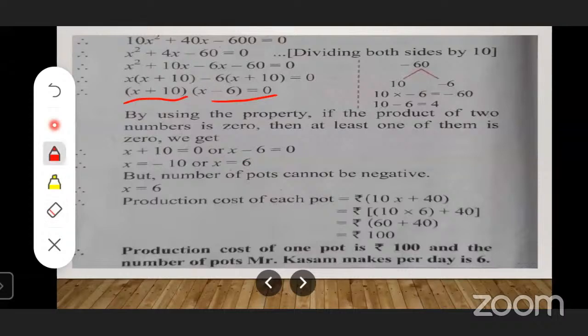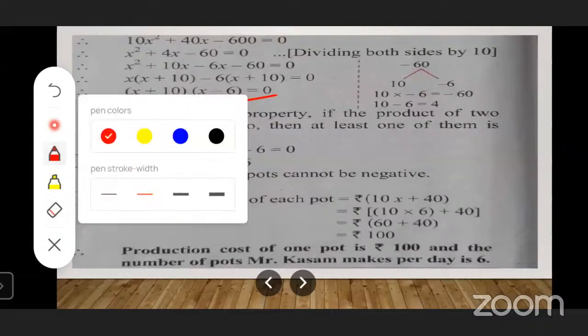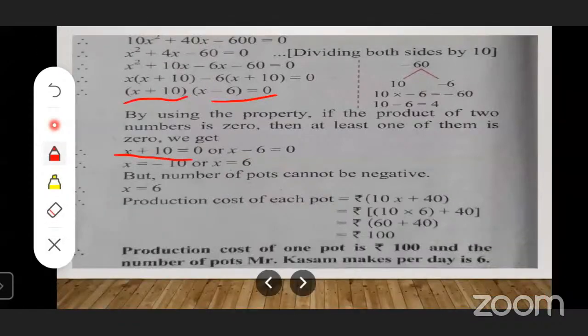After further simplification, x plus 10 is equal to 0 means, when 10 shifts to the other side, it becomes minus. So you get x is equal to minus 10. And when you shift this minus 6 to the other side, you get x is equal to 6.